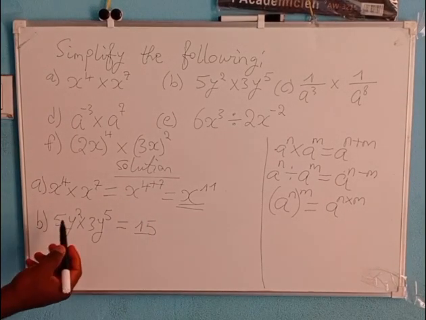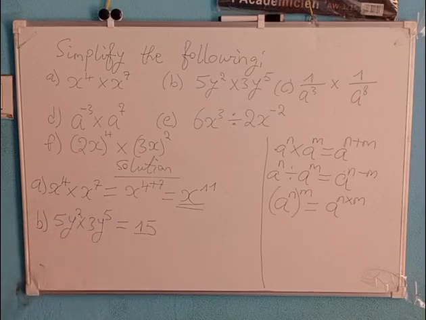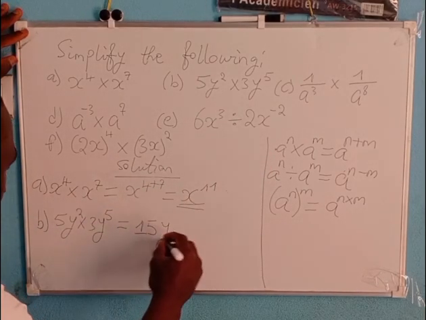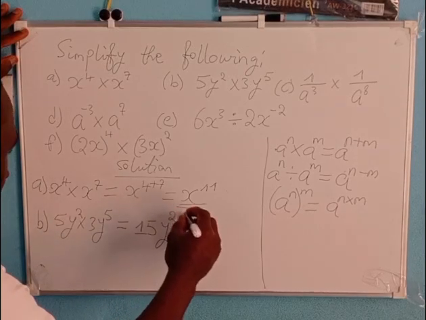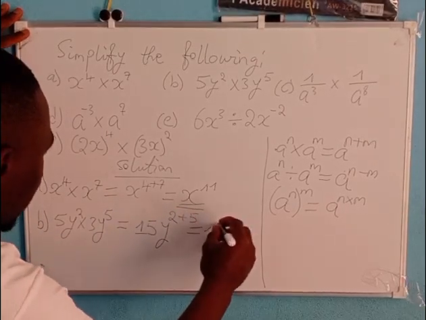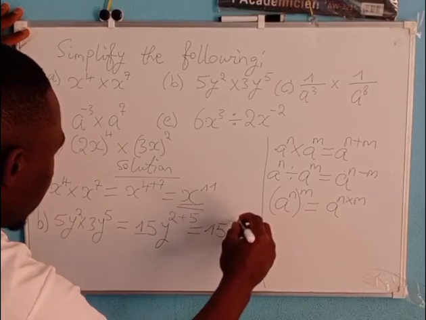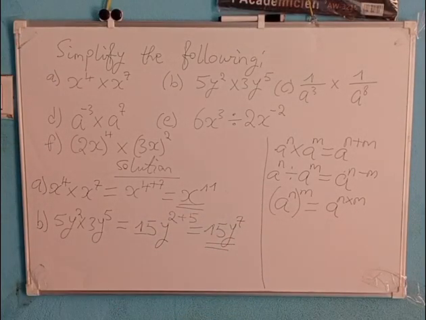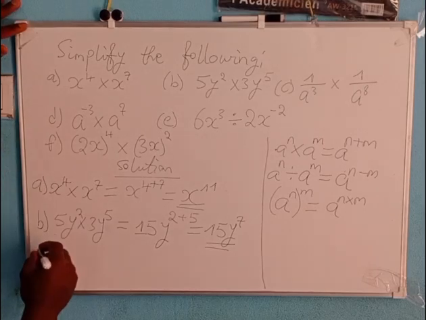Next we have to multiply y squared by y to the power 5. We are going to make use of the first law. We are simply going to write the base, which is y, then we add the powers, 2 plus 5. And this will simply be equal to 15y raised to the power 7. This is the result.